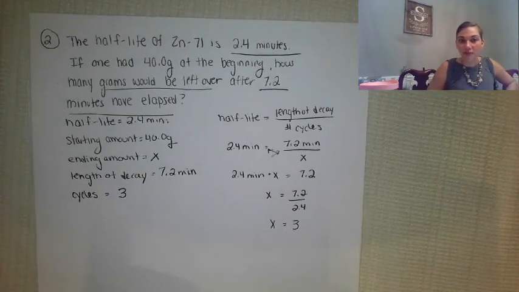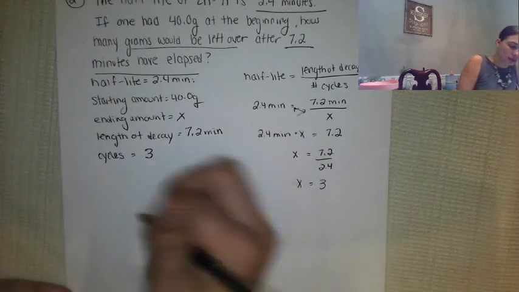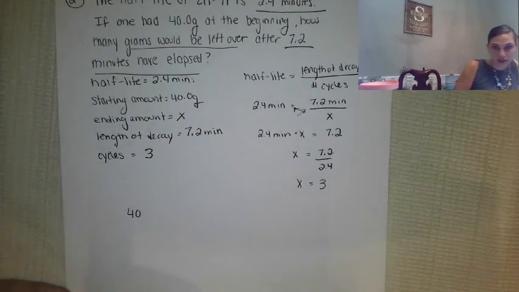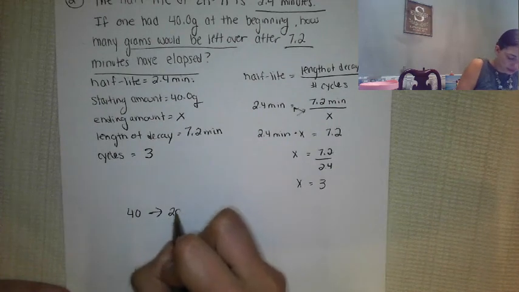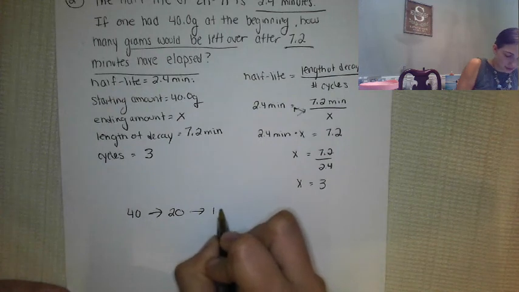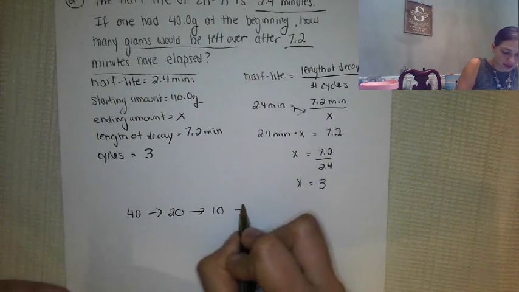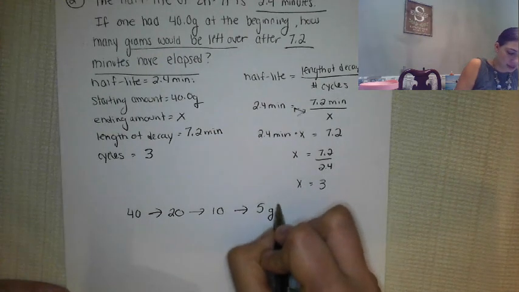With that information, we know how many times we have to decay down 40 grams. We start off with 40 grams, and after our first half-life, we end up with 20 grams. After our second half-life, we end up with 10 grams. And after our third half-life, we end up with 5 grams. And that will be your final answer.